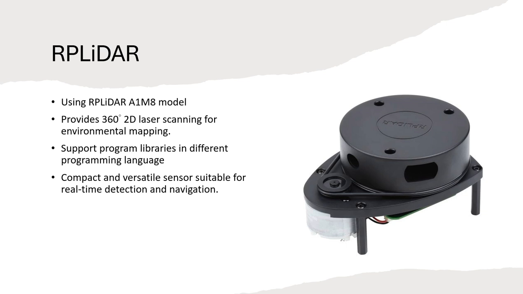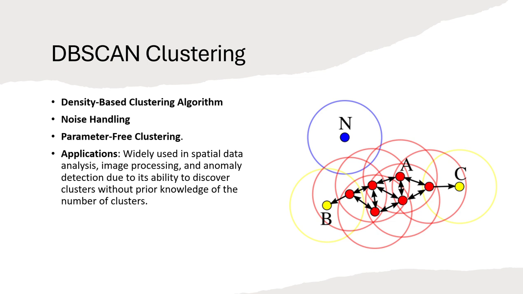For the RPLiDAR, we use the RPLiDAR A1M8 model from SLAMTEC, which provides 360-degree 2D laser scanning for environment mapping. It supports libraries in different programming languages like Python and C++, and is compact and suitable for real-time detection and navigation.